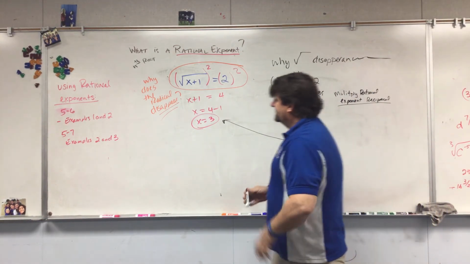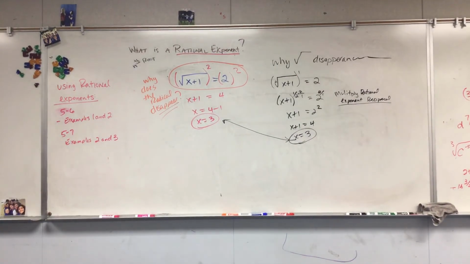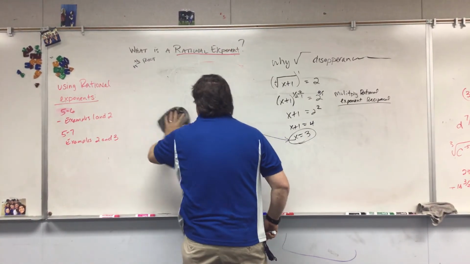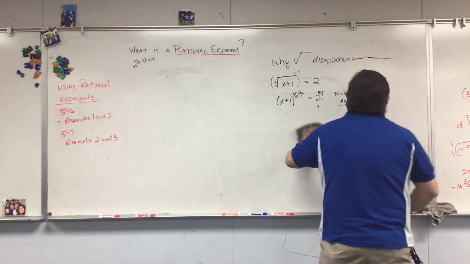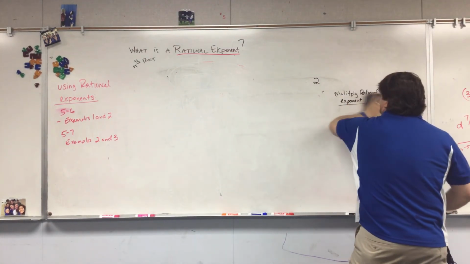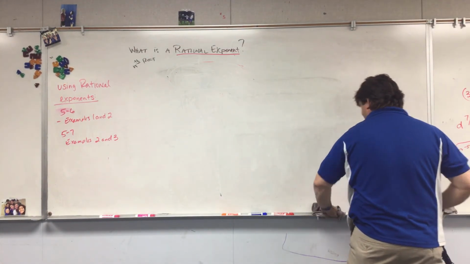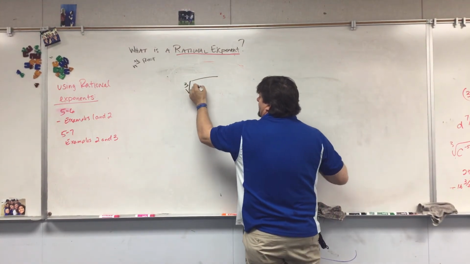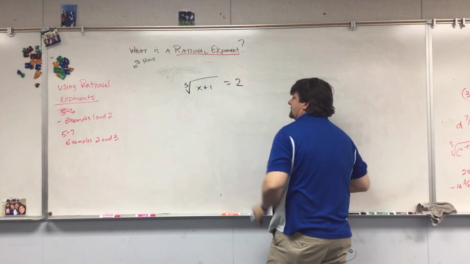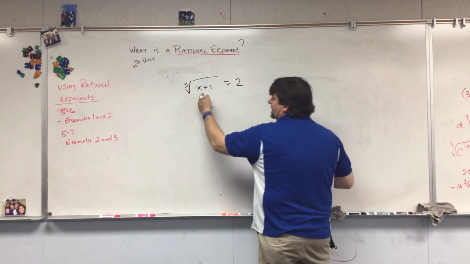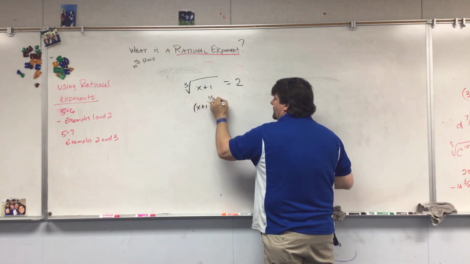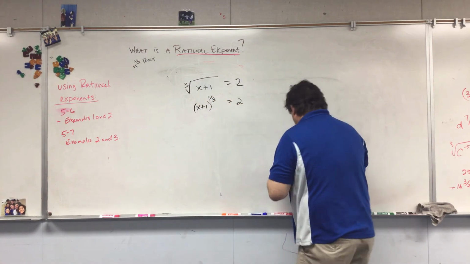So, as we tackle this, let's move it to a different setup. Let's say the cube root of x plus 1 equals 2. Well, x plus 1 to the 1/3 equals 2.